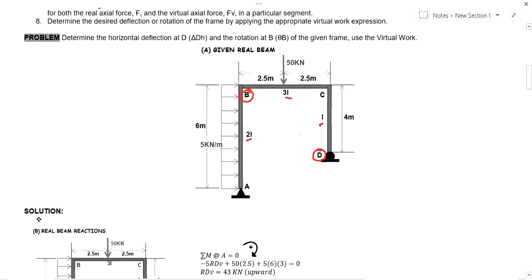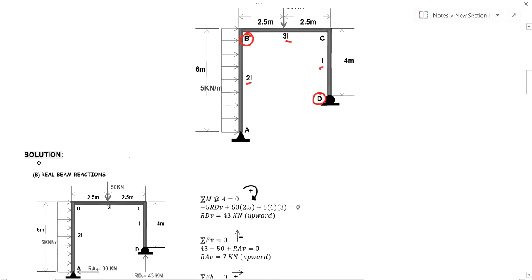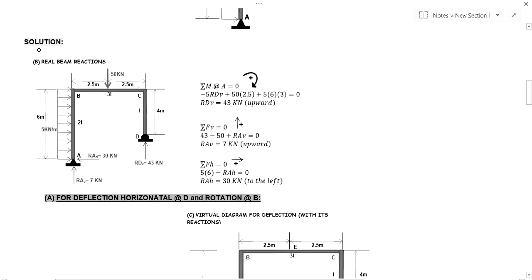In solving for the deflection and rotation of a structure, you need to first compute the reaction at support. So computing for the reaction of our real beam, we have a support at A and a roller support at D. At A, we have a pin.